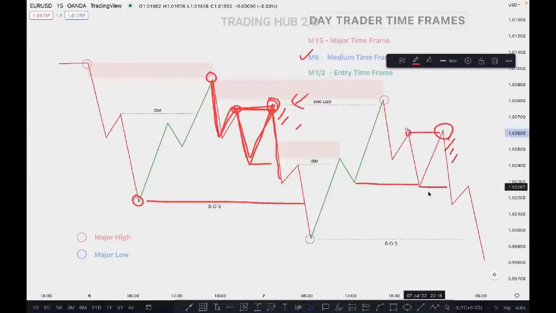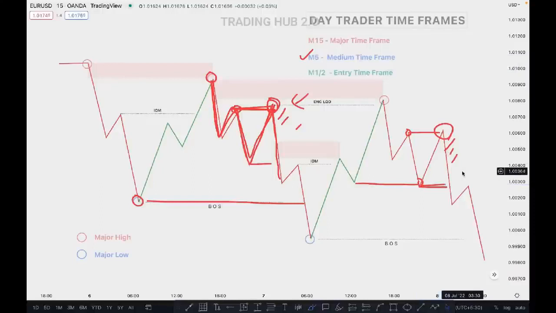This is our medium time frame, correct. When the market takes out the first low, then you have to wait for another pullback before the sell. I hope you understand what I'm trying to show.